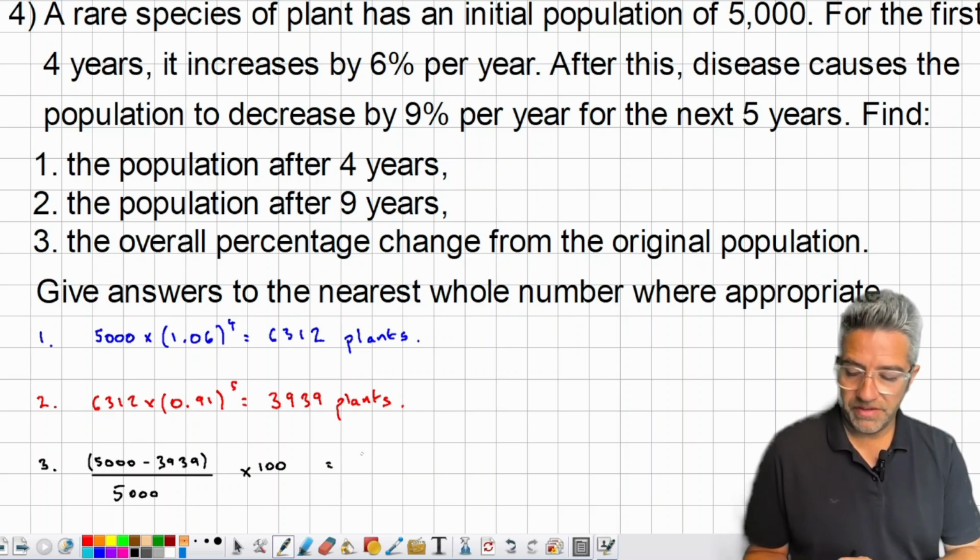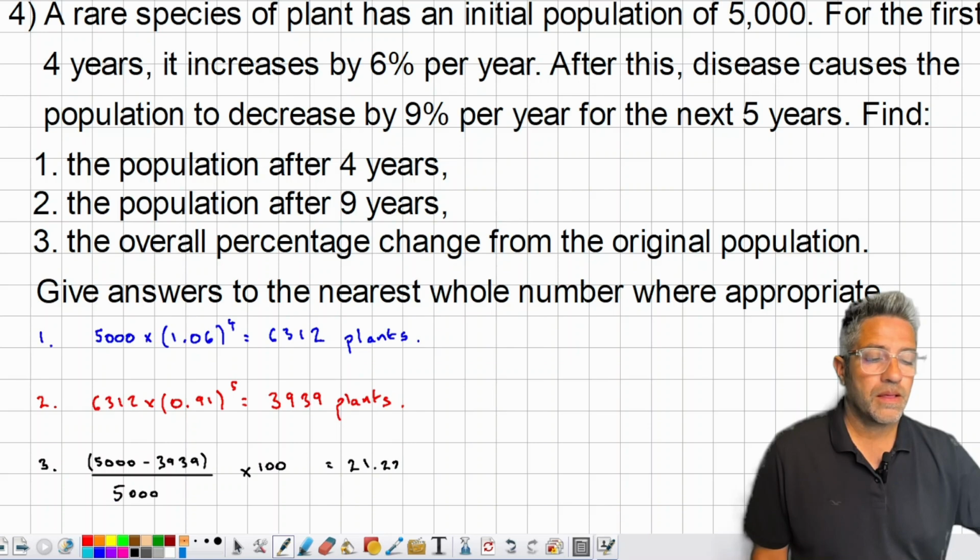So let's type it in. 5,000 subtract 3,939 divide by 5,000 being our original times 100. Change the format of my answer. I'm getting a 21.22% reduction.